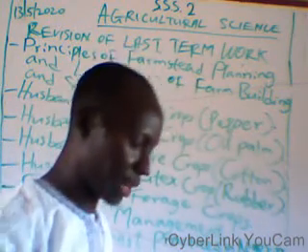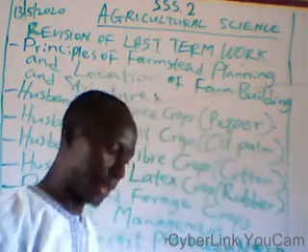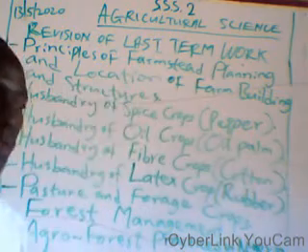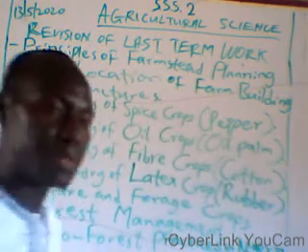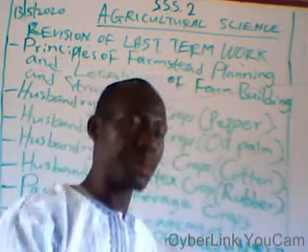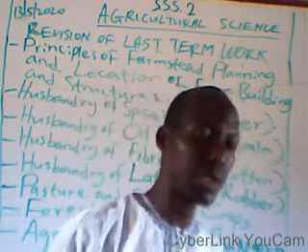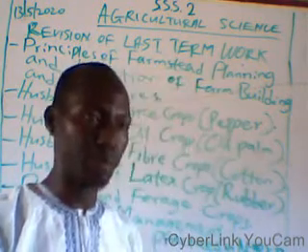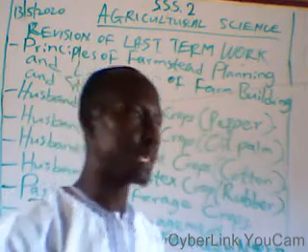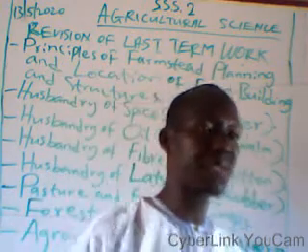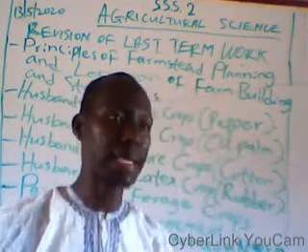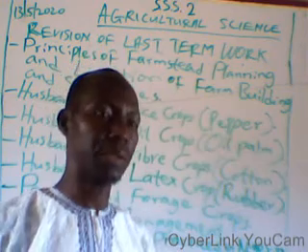First of all, let's start with principles of farmstead planning and location of farm buildings and structures. The farms have some buildings and structures that enable the farmer to carry out his farming activity properly. For example, we have farm offices and farm workers' living quarters.